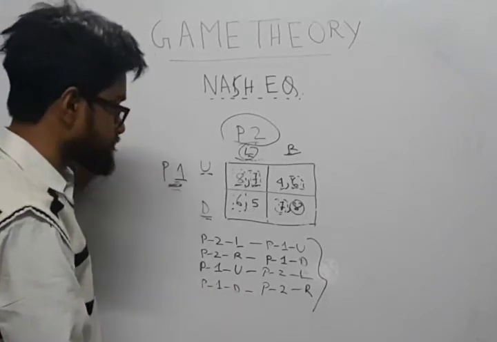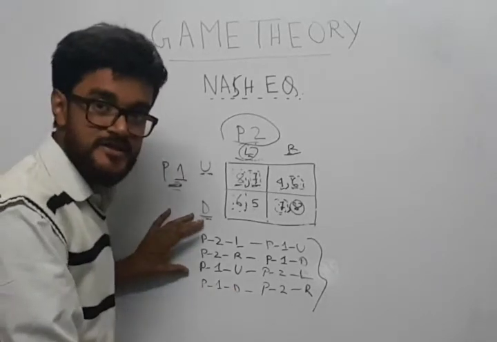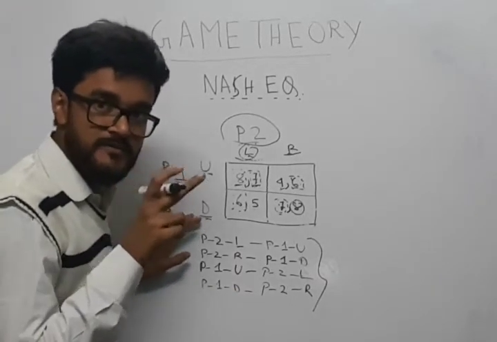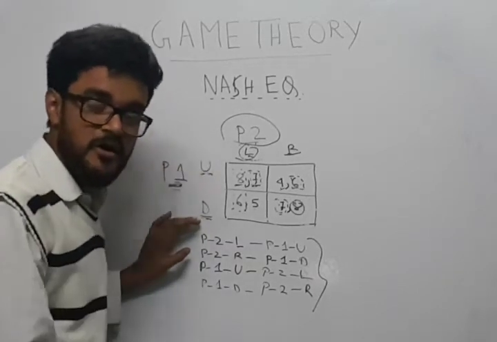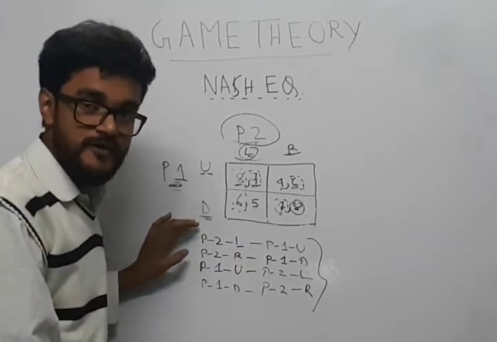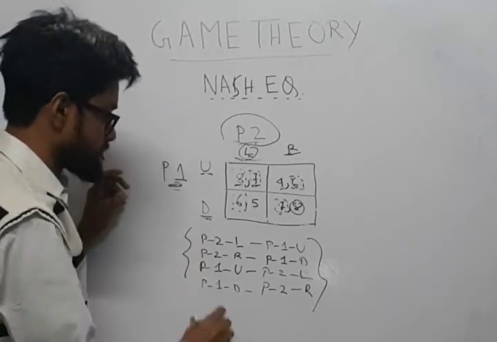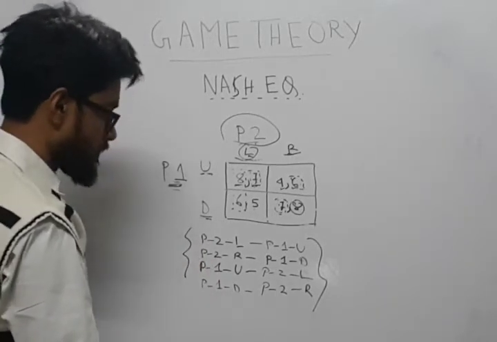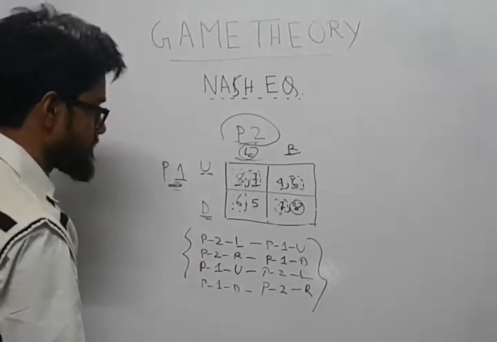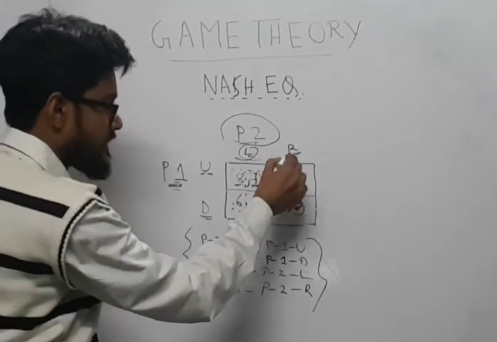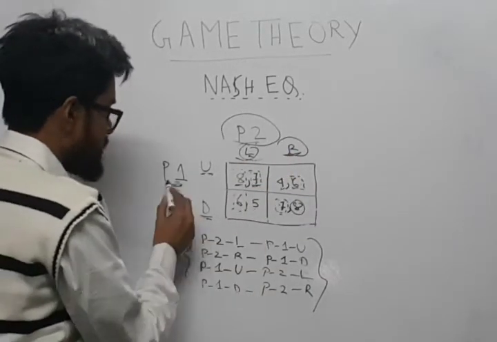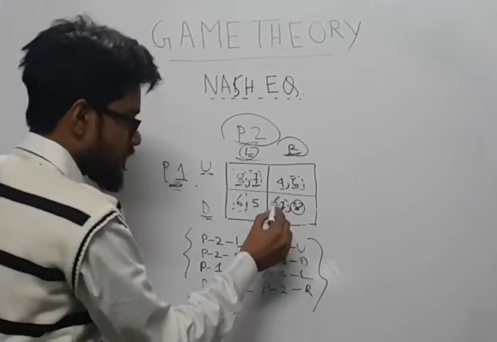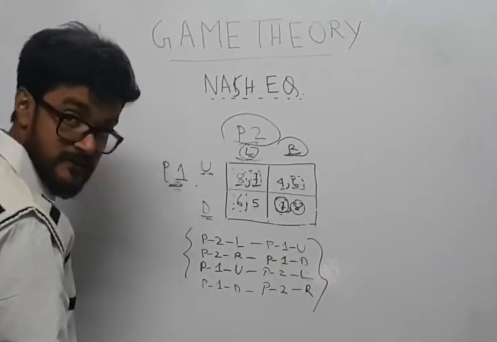Now among all these strategies, which one is the Nash equilibrium strategy from where no player would like to deviate? We have to figure out. To do this, we need to find out. See, when player 2 played R, player 1, out of these two, chose 7.